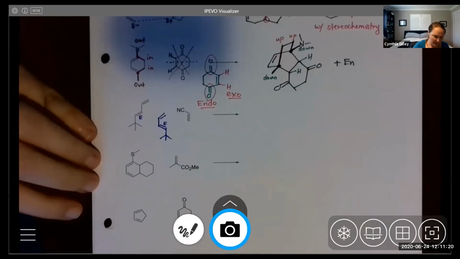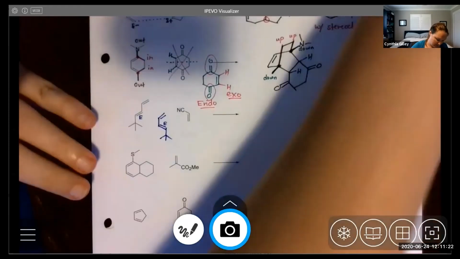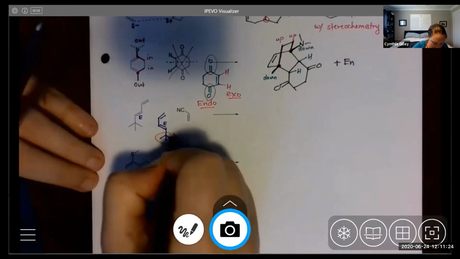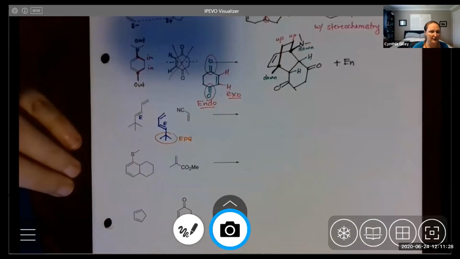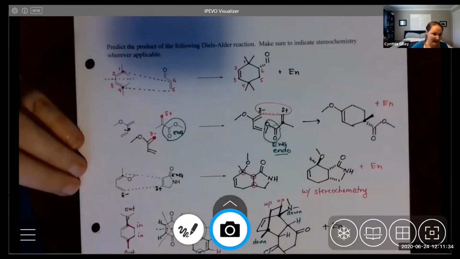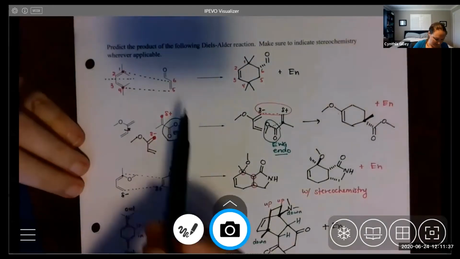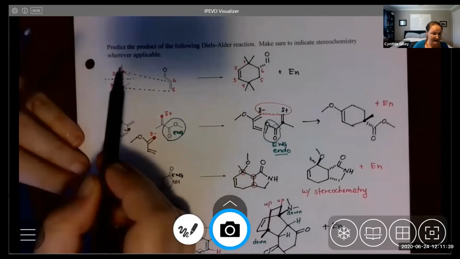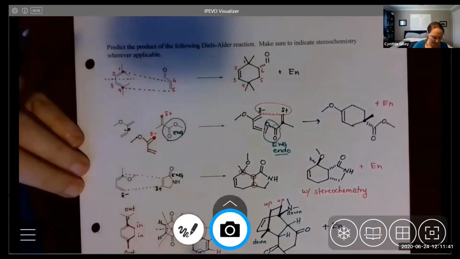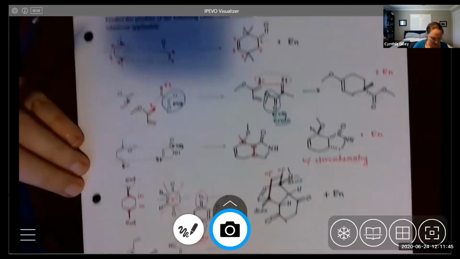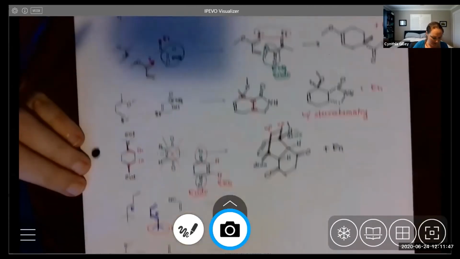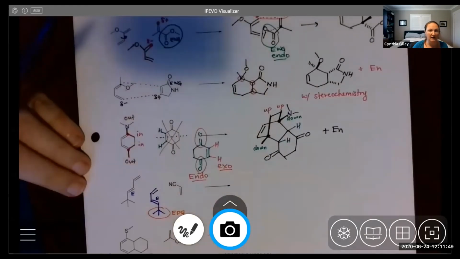But look at what is the electron donating group. It is an alkyl group. If you noticed from before, our electron donating group was always an oxygen with a lone pair, or maybe a nitrogen with a lone pair.